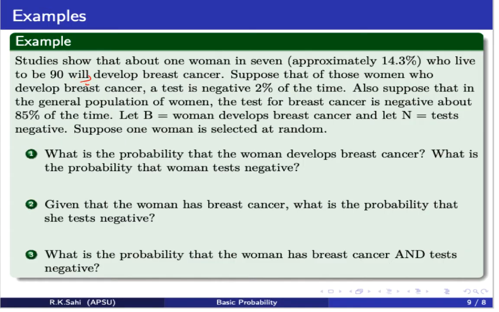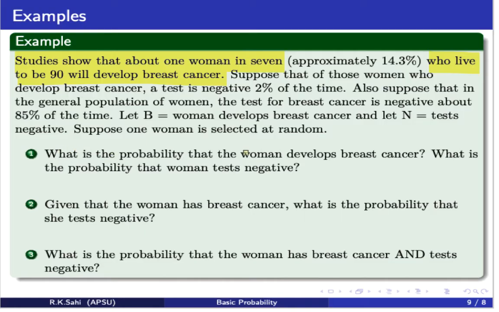So here is the key for us, guys. Okay, let me just highlight again. The first sentence gives us the key. Studies show that about one woman in seven who live to be 90, that's extra information, will develop breast cancer. So this one is basically giving us the answer for the first question in the first problem.